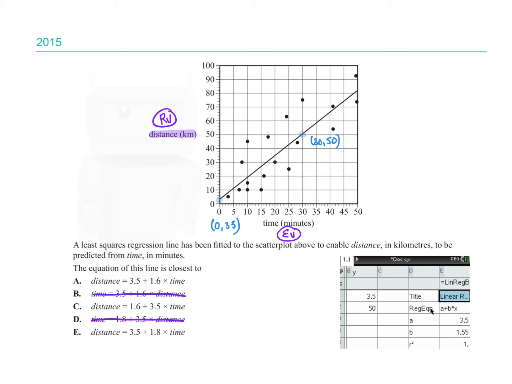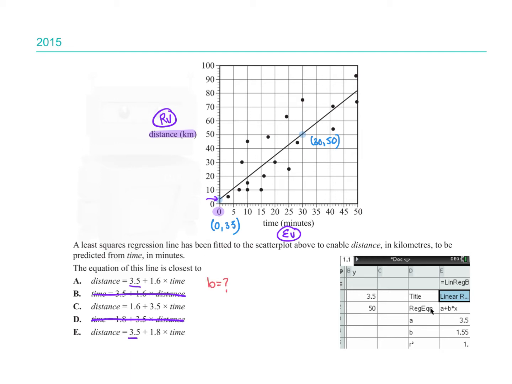Now, as this is 0 down here on the x-axis, we can say that where the line crosses is the A value, the y-intercept. It looks about 3.5, but if we look at our two possible answers, they're both saying that. So we need to find what the B value is.